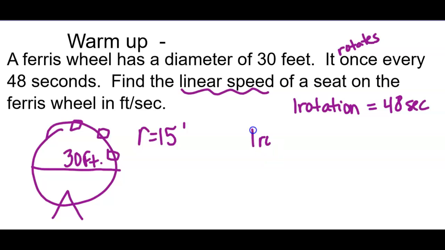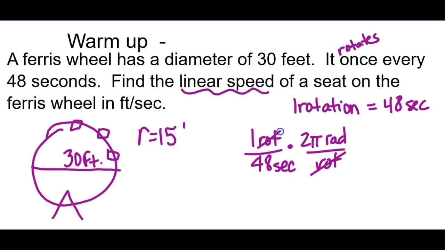So one rotation per 48 seconds is almost an angular velocity, but remember angular velocity has to be in radians. So we have to say 2 pi radians per rotation. So now we have 2 pi radians per 48 seconds. And yes, that would reduce, but not too worried about it. And that's an angular speed.